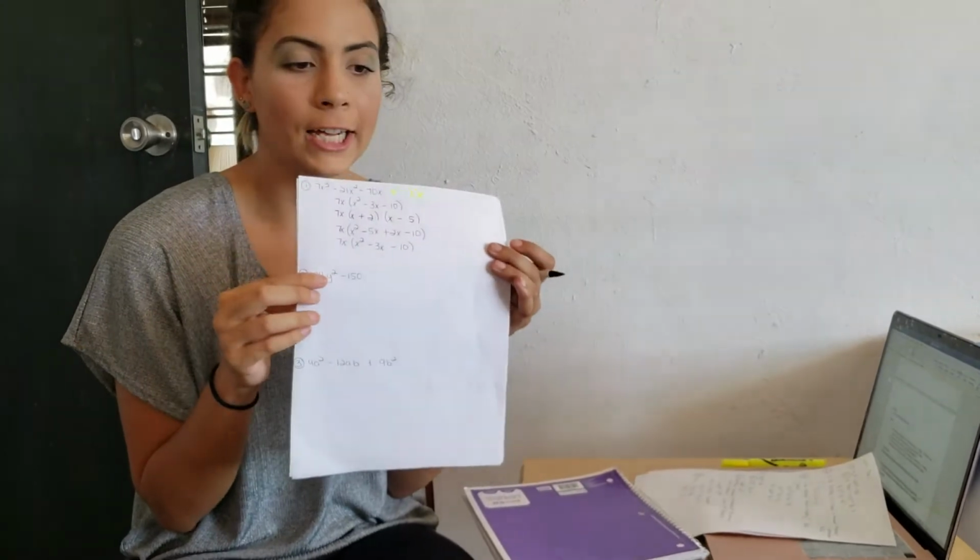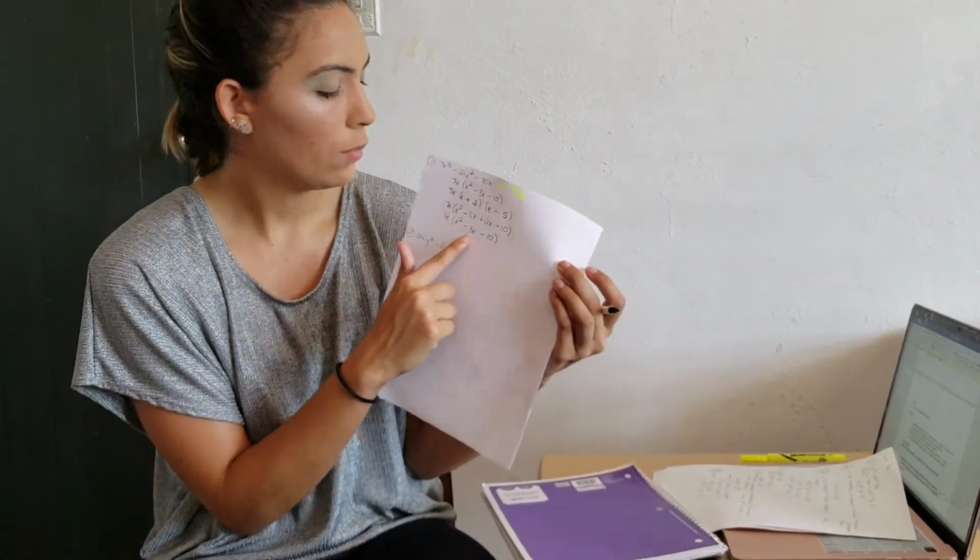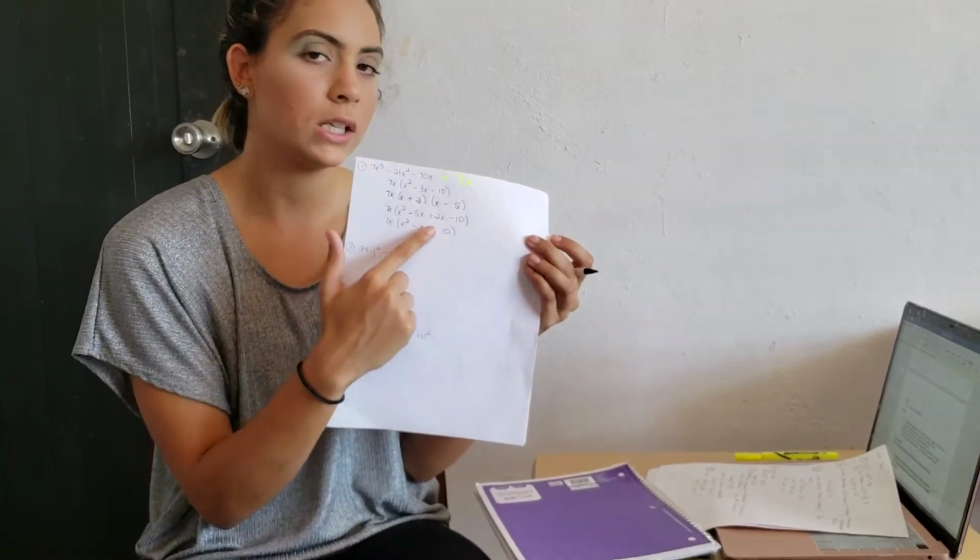Now we multiply 7x. After we complete the parentheses, we multiply 7x for each number inside the parentheses.